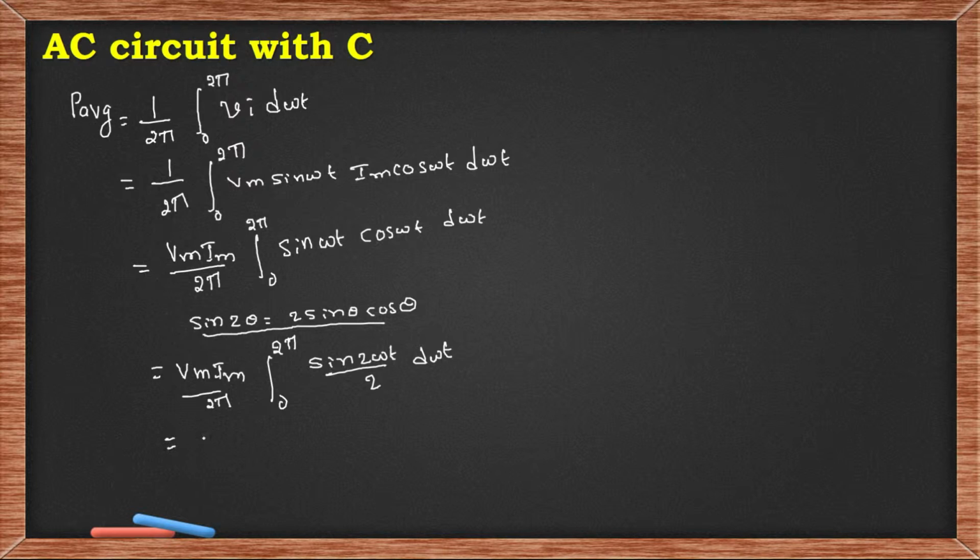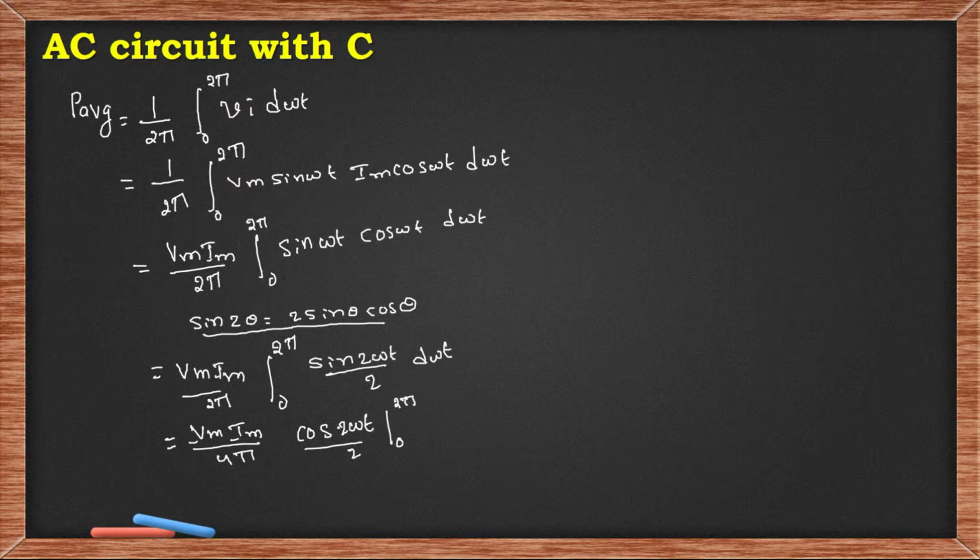Okay, this is equal to Vm Im divided by 4 pi, and the integration of sine 2 omega t is nothing but minus cos 2 omega t divided by 2. The limits are from 0 to 2 pi.